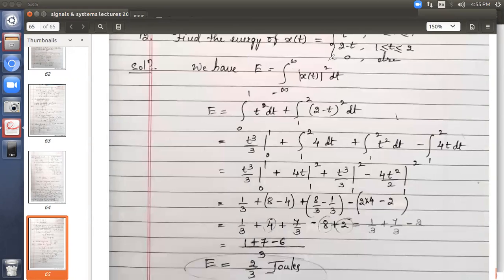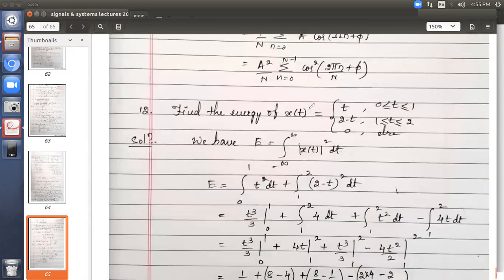Next problem. Find the energy of the signal. The equation is already given to you. No figure, the equation is directly given. You need to find the energy. So energy is equal to the integration over the general range of minus to plus infinity of signal square. What is the signal range for your given question? It is divided among two, 0 to 1 and 1 to 2.